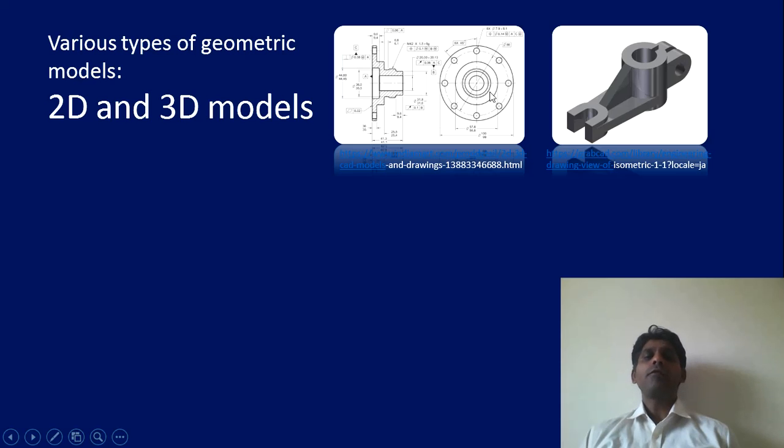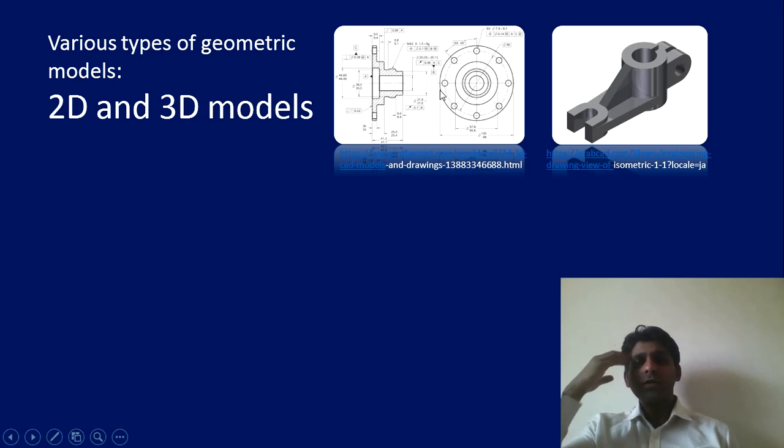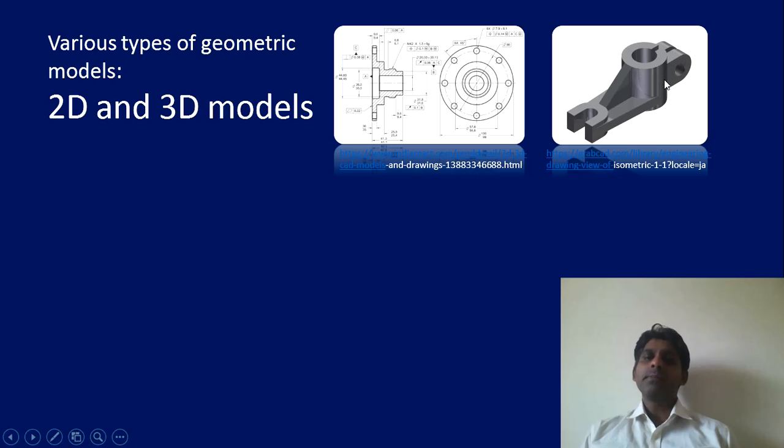So there is no need of developing these drawings separately. Once we prepare the model, this can be easily obtained from the 3D model that has been prepared. These are very important facilities available in the software, and these are in fact the two types of models, that is 2D models and 3D models.